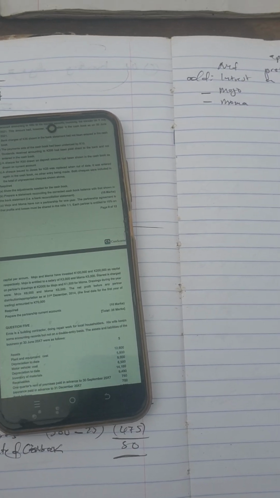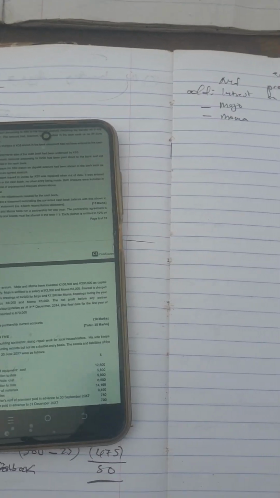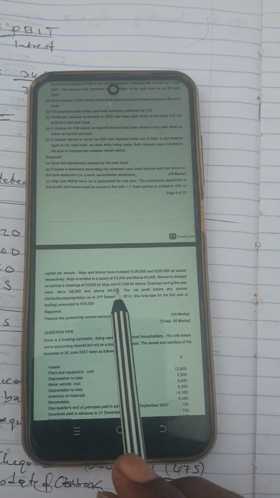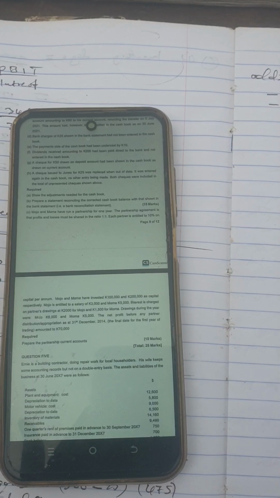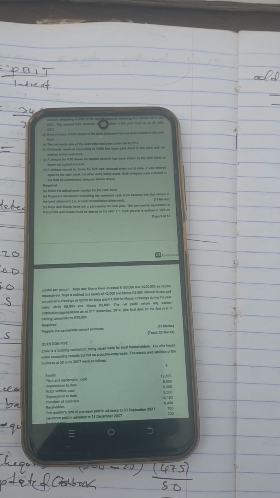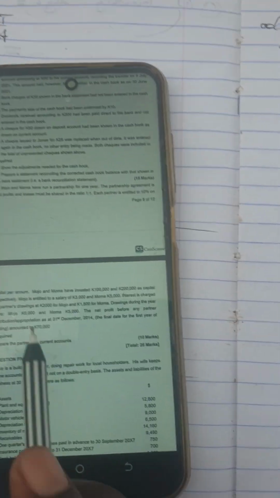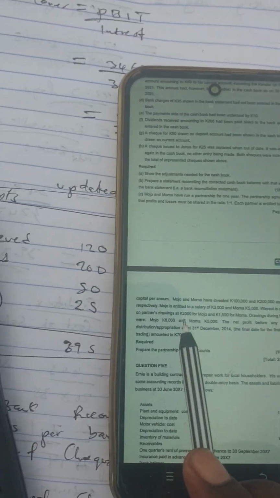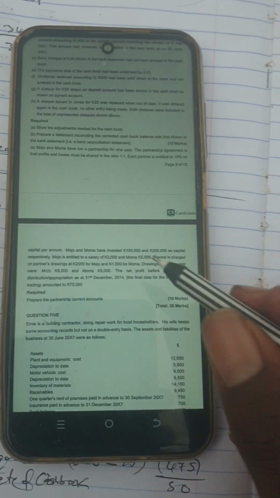Okay, so the interest on drawings has already been calculated for us. Otherwise it is always given as a percentage. They'll tell you 5%, then you take 5% on the drawings figure that is there. We're going to find the interest on drawings. So in this case, Mojo's interest on drawings is 2,000. Moma's is 1,500. It's already been calculated for us.